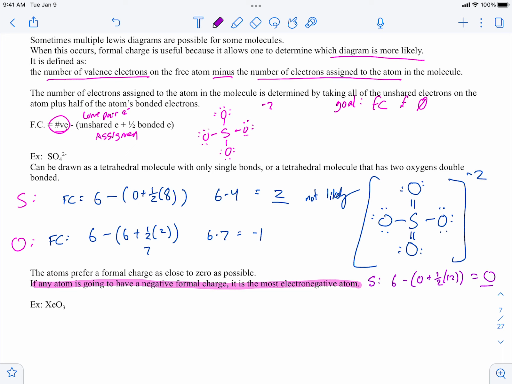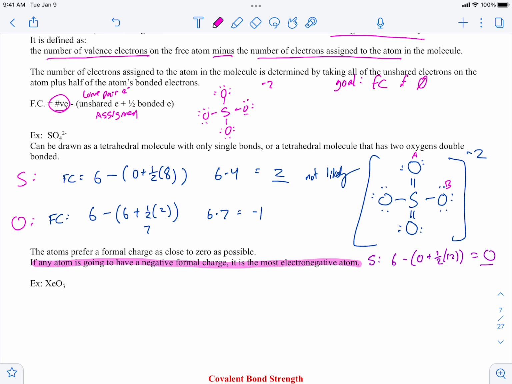Let's evaluate the oxygens. Based on this diagram, there are 2 types of oxygens. This is most likely a resonance case, but what we'll do is take the oxygens A and B separately and then average them. I'm going to call the double bonded ones oxygens A and the single bonded ones oxygens B. For A, 6 minus 4 plus half of 4 is 0.